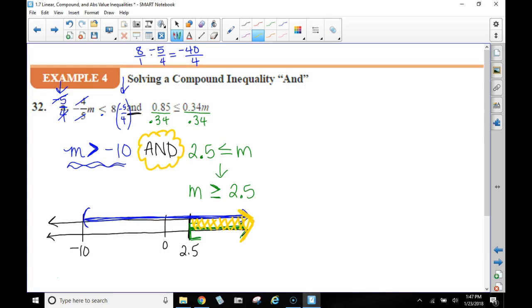And the question now is, should I put a parenthesis or a bracket at 2.5? 2.5, because of the bracket down here, is actually included. And 2.5 is included above, and it has to be in both for it to be included. So it would be included in my final solution set. So bracket 2.5 to infinity.